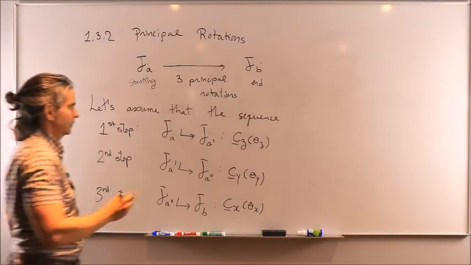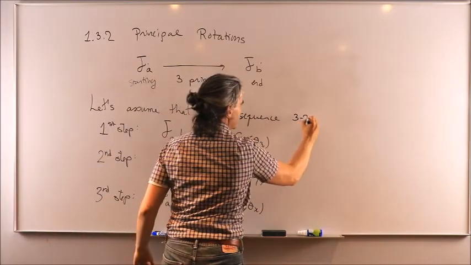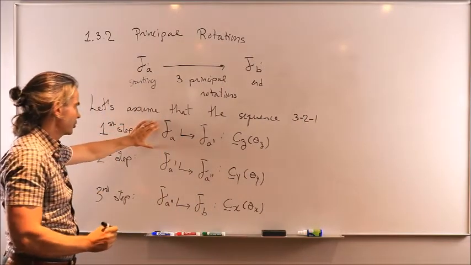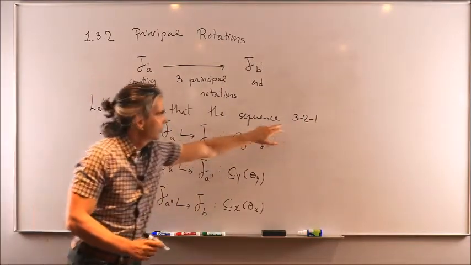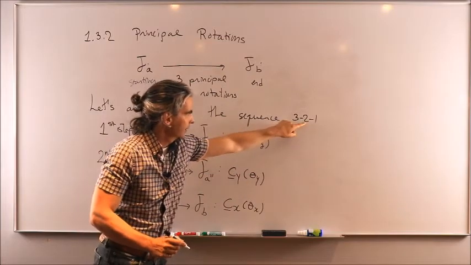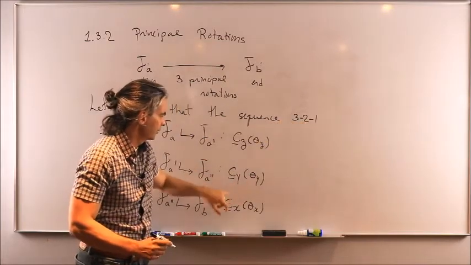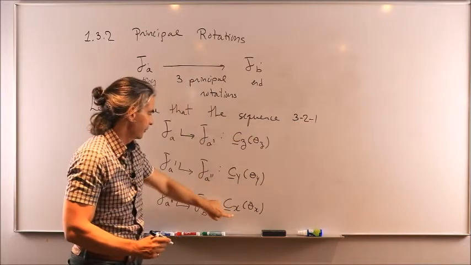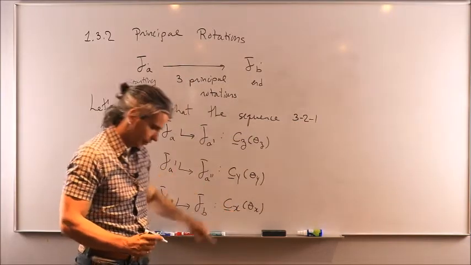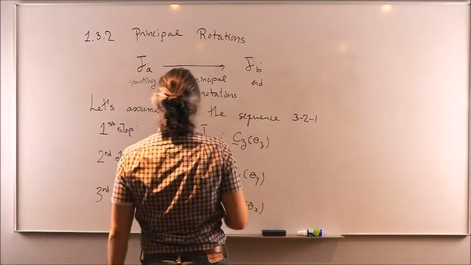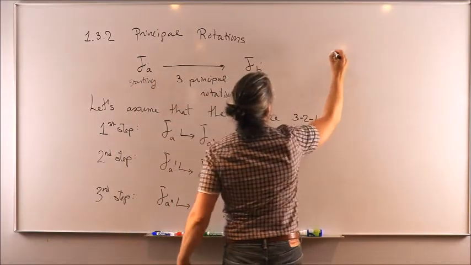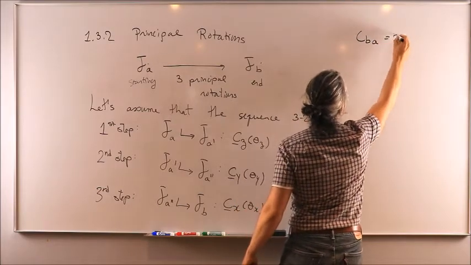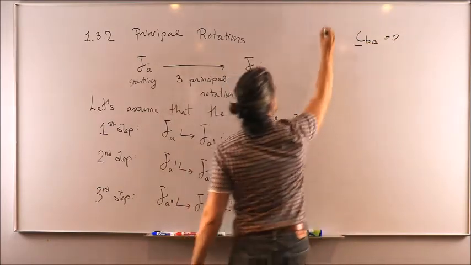Well, again, given the sequence 3, 2, 1, it means again that the first rotation is CZ, followed by a second rotation CY, and the last one, because you have 1 here, is about the first unit vector, which is the X unit vector. So, how can you get CBA? Is the question.